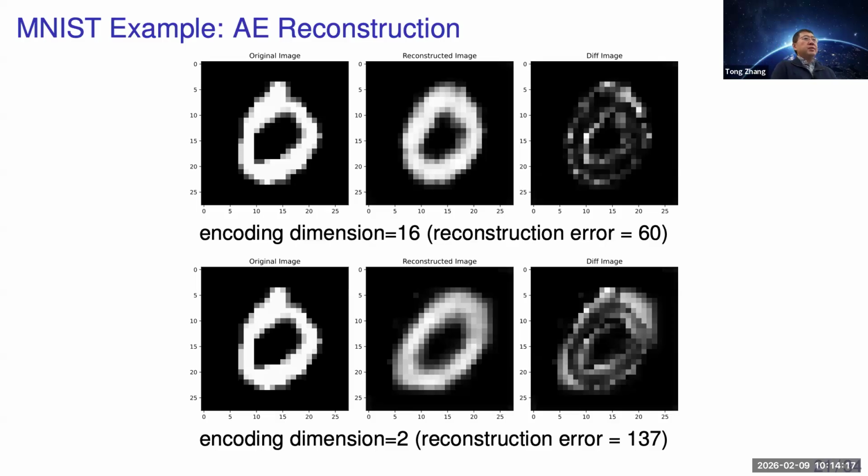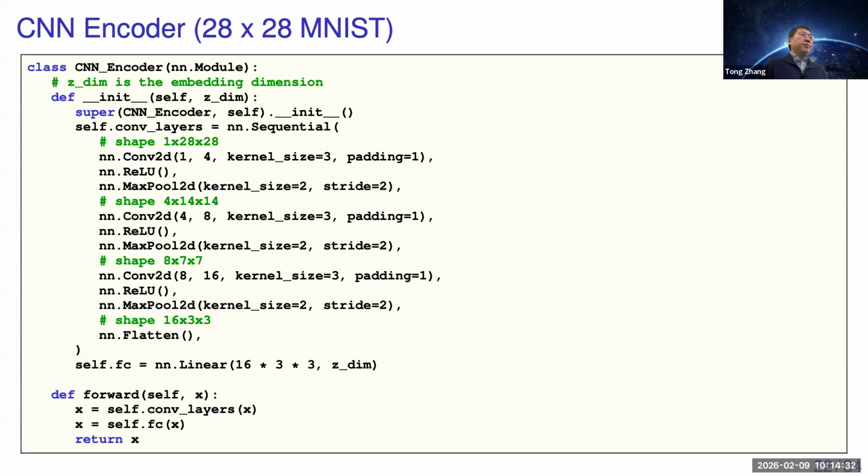So you cannot just look at the reconstruction error to tell, because they have different dimensions. This can be considered a kind of tuning parameter. Here is the code. Actually, we will talk a little bit about the decoder code. The encoder code is just a CNN, which we have already talked about, and also in the homework.